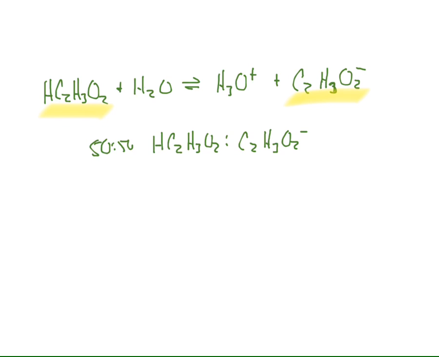And I come along and I pour hydrochloric acid in it. Well, what can happen? If I add hydrochloric acid, this base goes to work. The base jumps in and reacts with it, and it just neutralizes it and turns it into HC2H3O2.